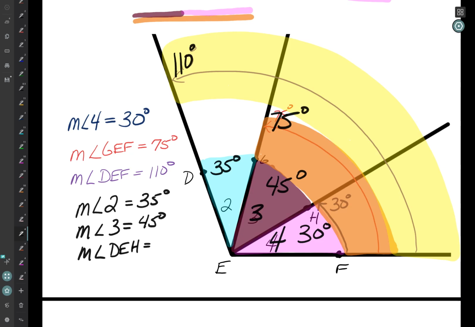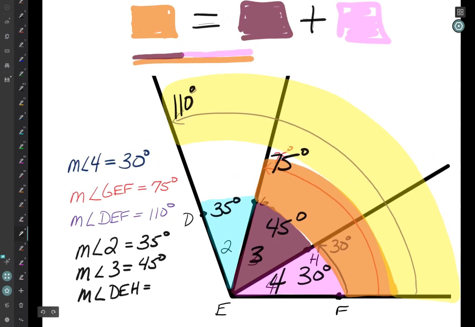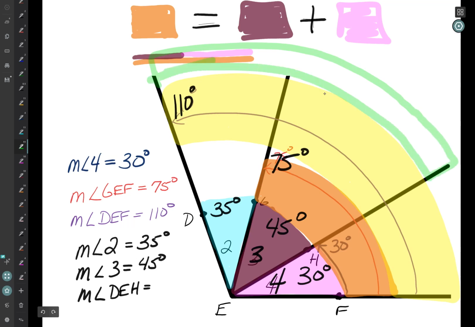What about DEH? I don't have a color for that one yet, do I? D to E to H. That's that one right there, isn't it? Would you guys agree? All it is is the two that make it up.